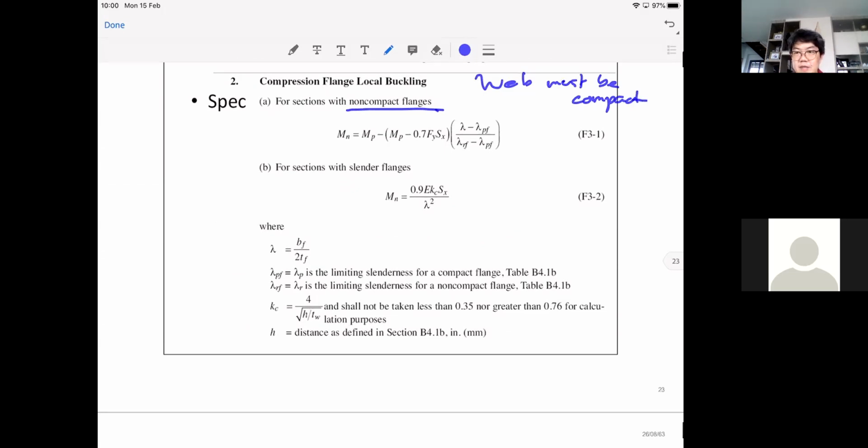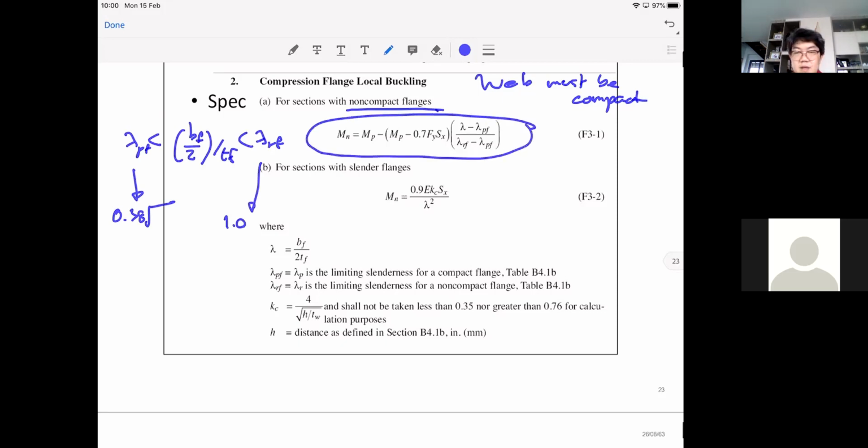When you have the slenderness ratio of the flange, bf over 2 divided by tf, greater than lambda p of the flange and then not greater than lambda r of the flange, remember that this is 0.38 square root E over Fy. This will be the moment capacity of your beam.